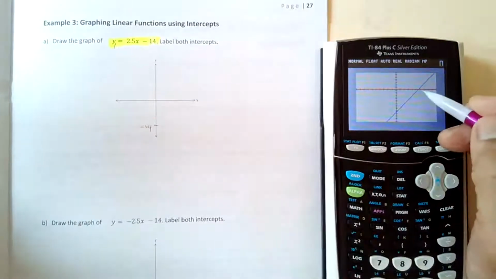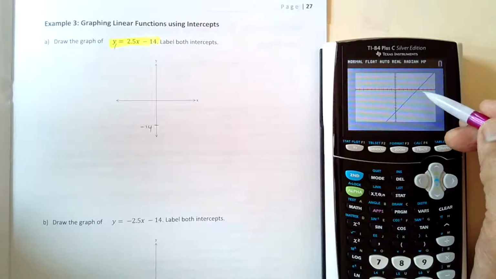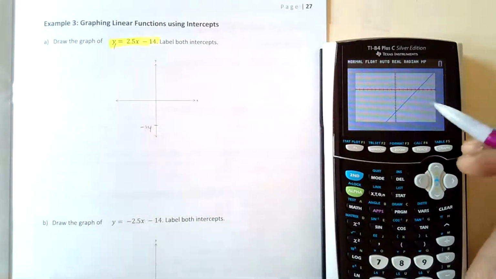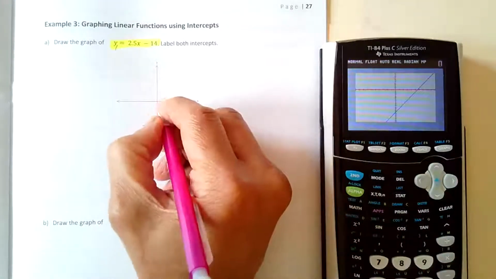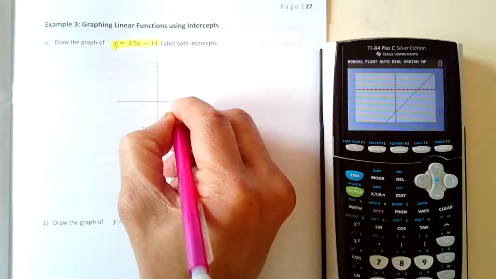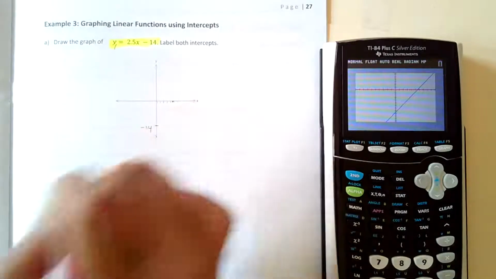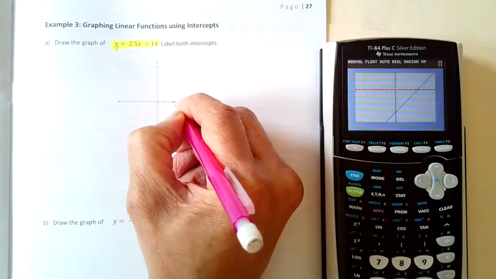Now, I don't know my x-intercept. Somewhere between 5 and 6. Okay, but I don't know where it is. So I can actually count here, 1, 2, 3, 4, 5, 6. So somewhere here. I don't know where that specific value is.